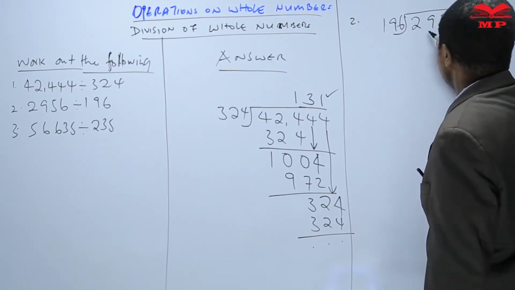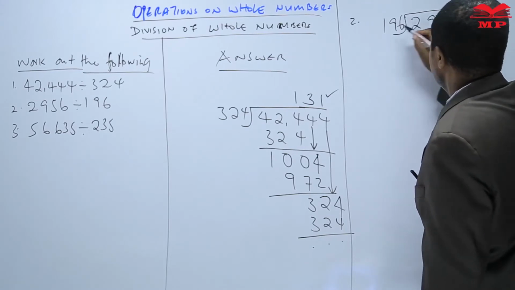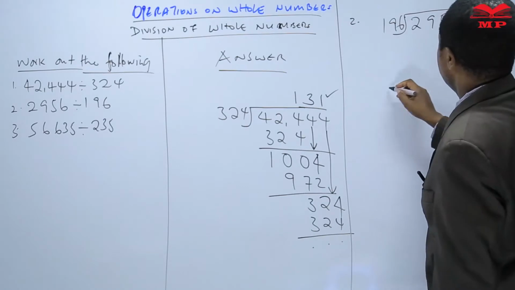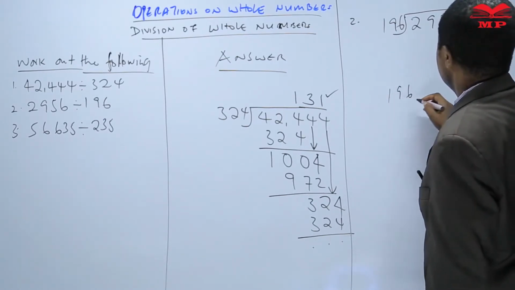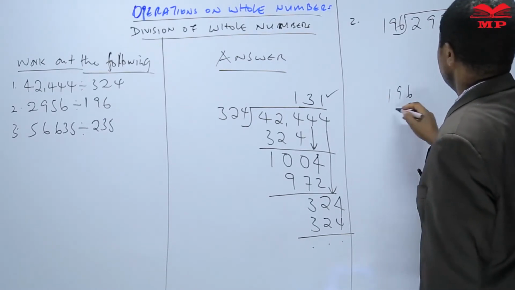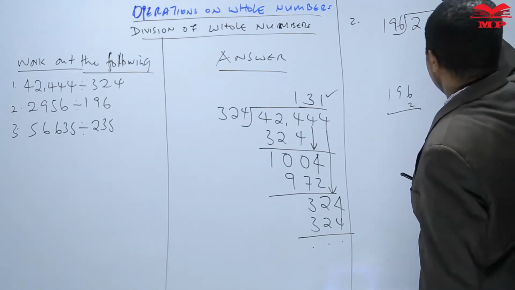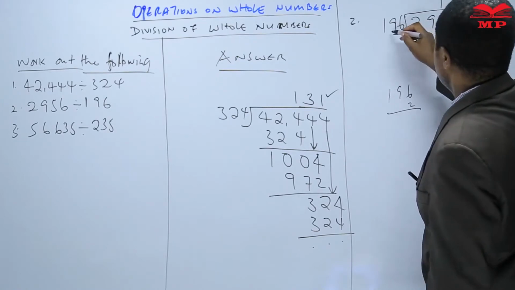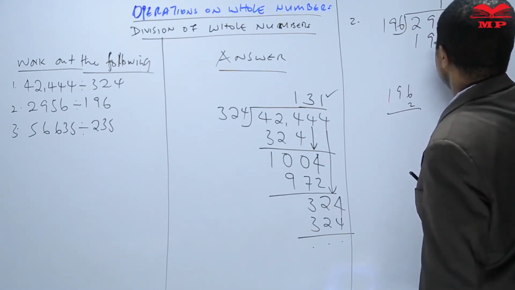Let's try 2. This will be more. So it can only be once. So we have 1 times 196 giving us 196 here.